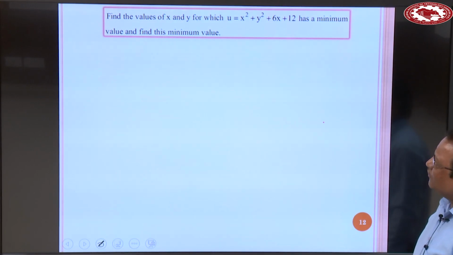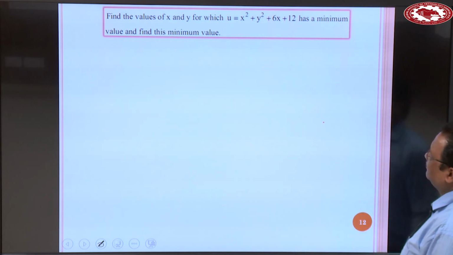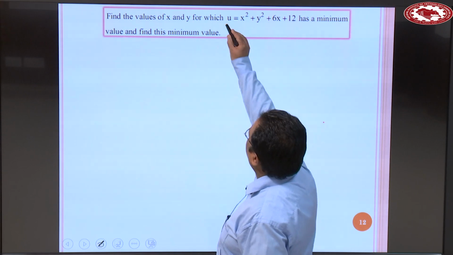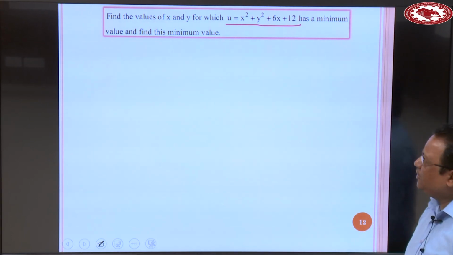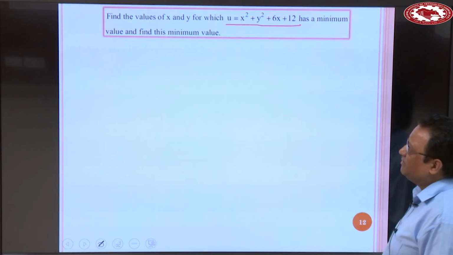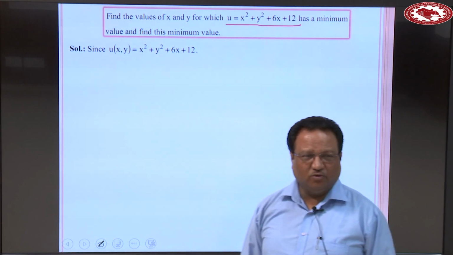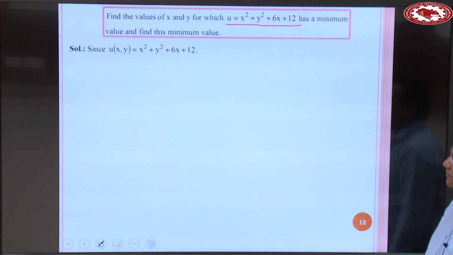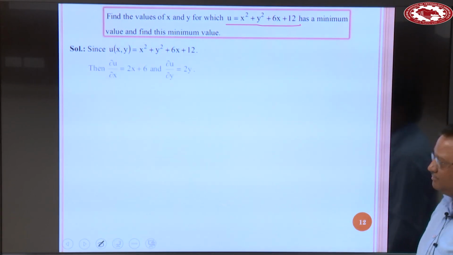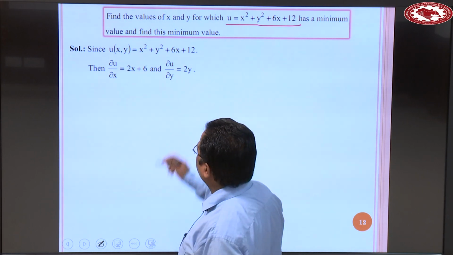Find the values of x and y for which u equal to x square plus y square plus 6x plus 12, this function of x and y, has a minimum value, and find this minimum value. Since we have given u as a function of x, y equal to x square plus y square plus 6x plus 12, the first step is to calculate ∂u/∂x and ∂u/∂y.